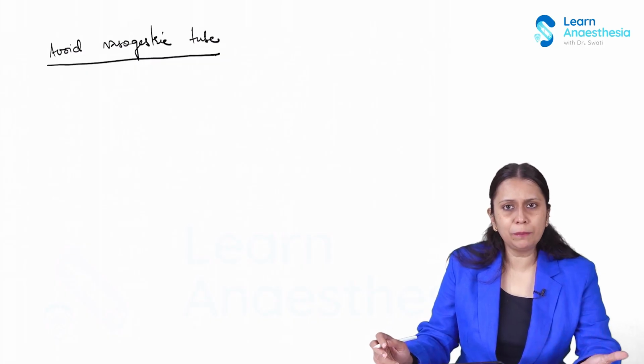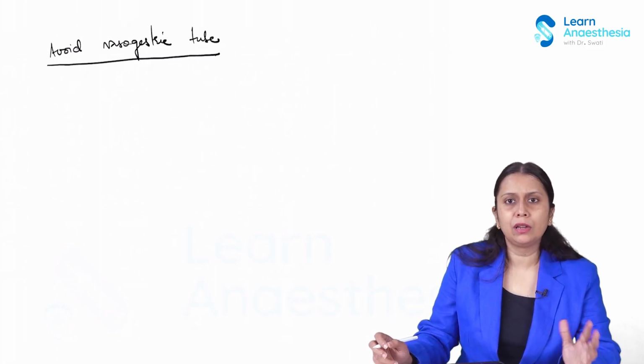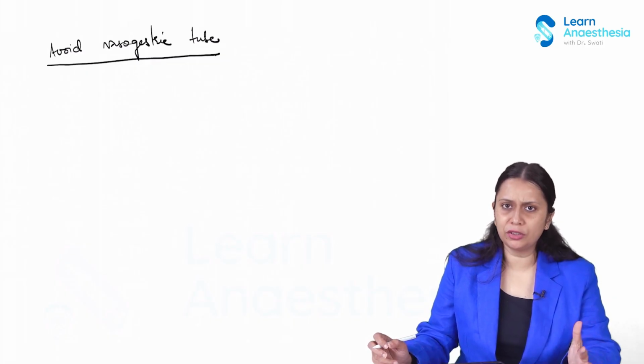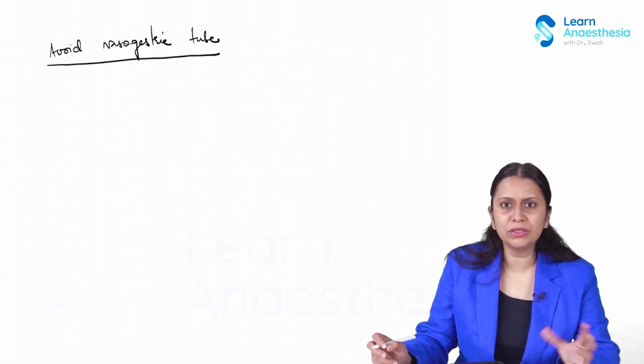Now, if the post-op patient requires a nasogastric tube for gastric decompression, then only the nasogastric tube should be put. Otherwise, the nasogastric tube should not be put in our post-op patient, because it increases the risk of pulmonary complication.